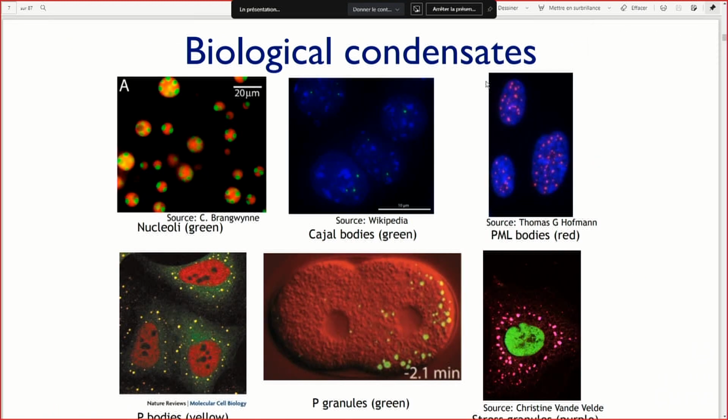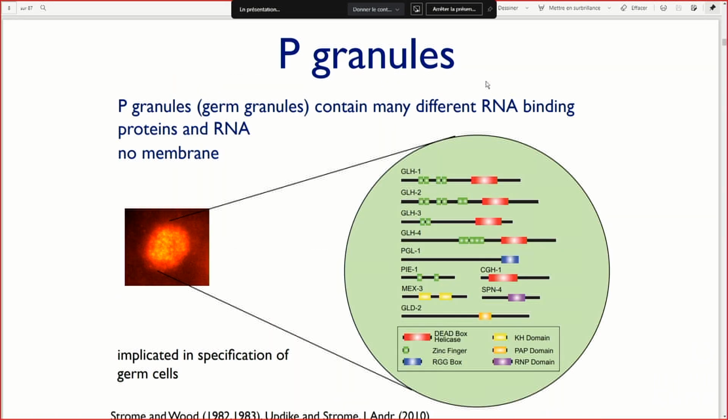This research looks at P granules in the C. elegans embryo, which are shown here as these green objects in the cell. These are an example of RNA protein condensates. They contain many RNA binding proteins and RNA. They don't have a membrane, and they play an important role in the specification of the germline of the organism.